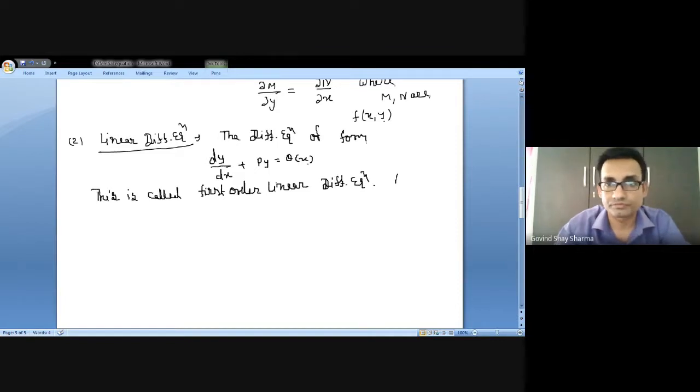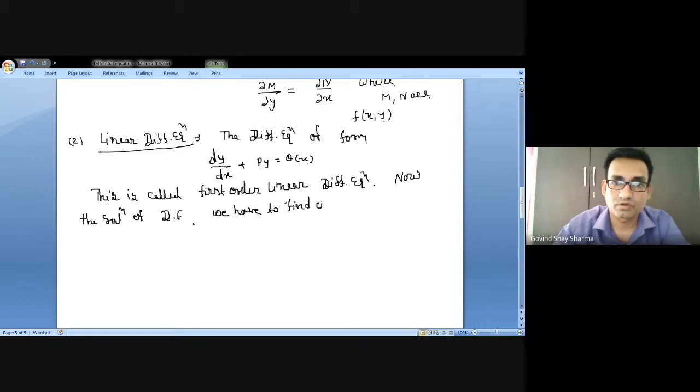Now the solution of the differential equation of this type: we have to find the integrating factor, which is equal to e power integral p dx.